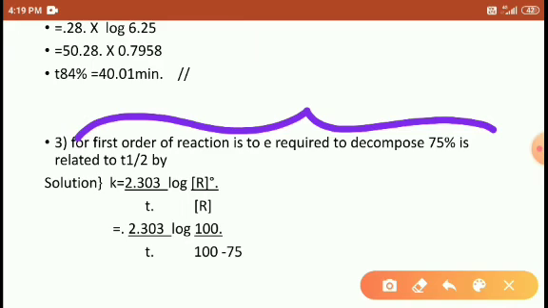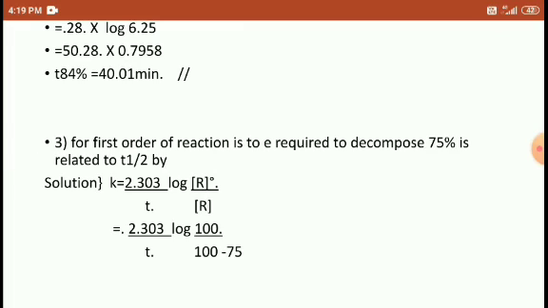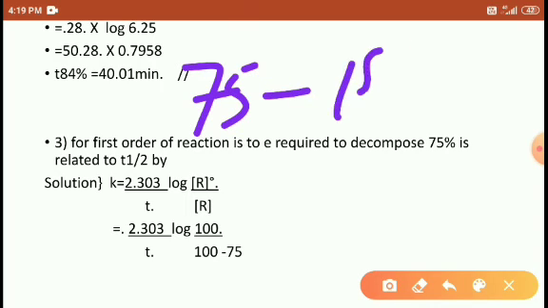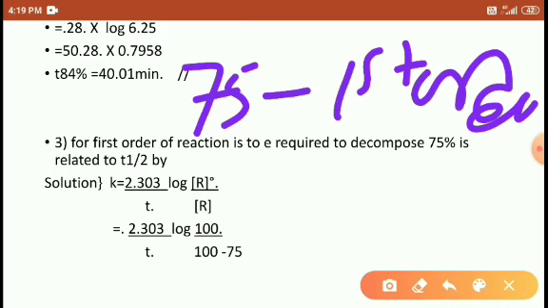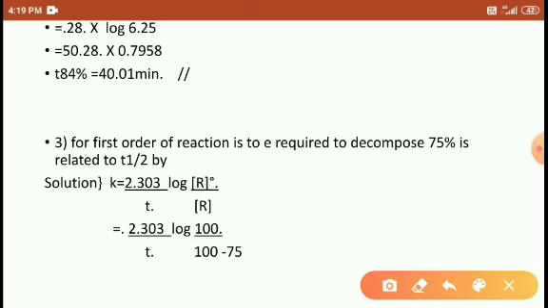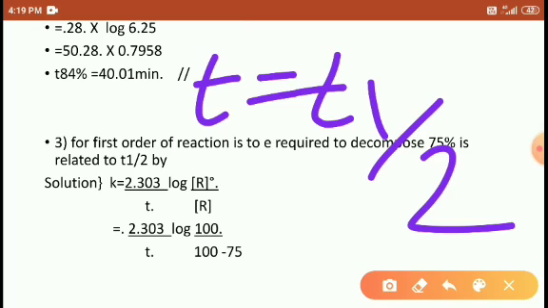It means, students, we have to calculate for the 75% of the reaction of the first order and compare it with the T half value. The 75% of the reaction is completed in the first order. We have to calculate the T value of the first order, and the T value can be compared with the T half value. You have to compare both here.